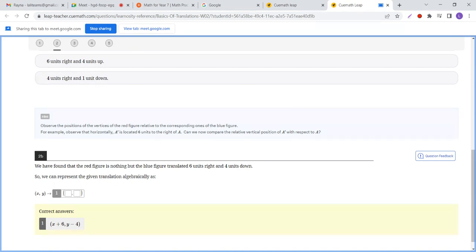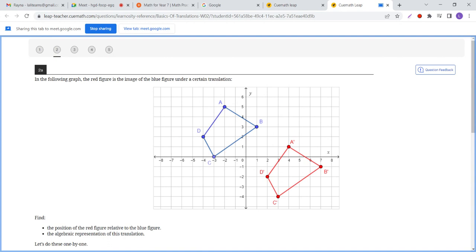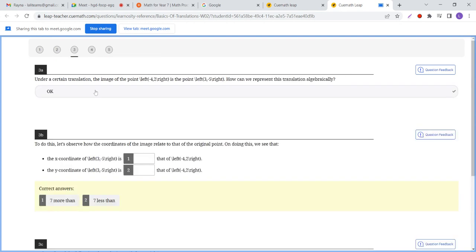So algebraic representation is x plus so much and y plus so much, as you would represent it in the form of x and y axis. That is what is called algebraic representation. Okay, is this clear? Yes. Okay.